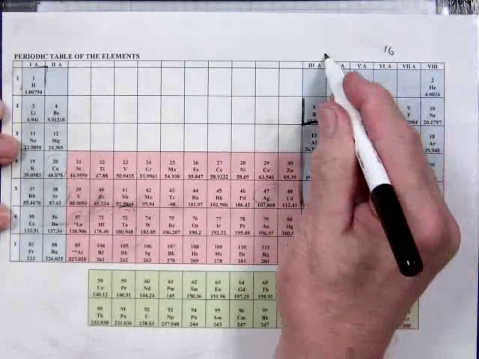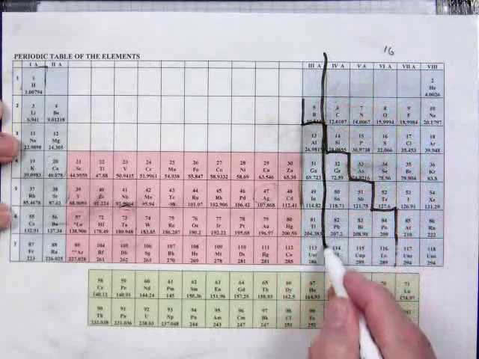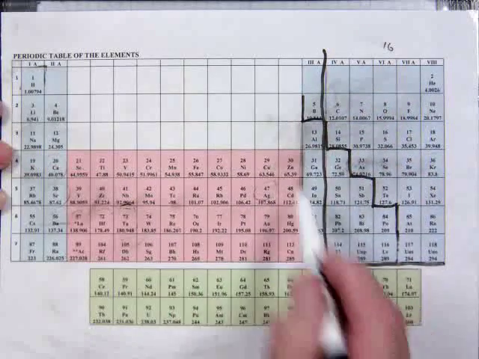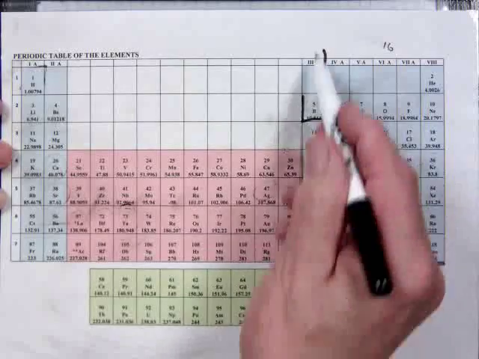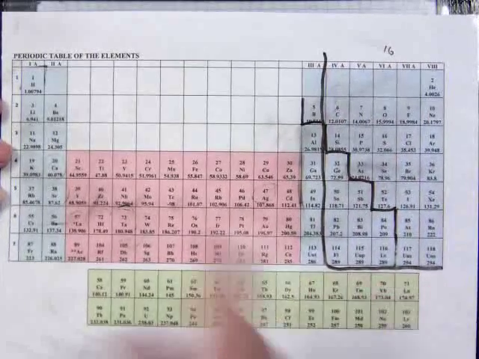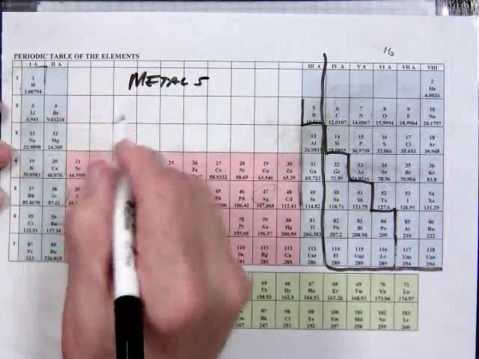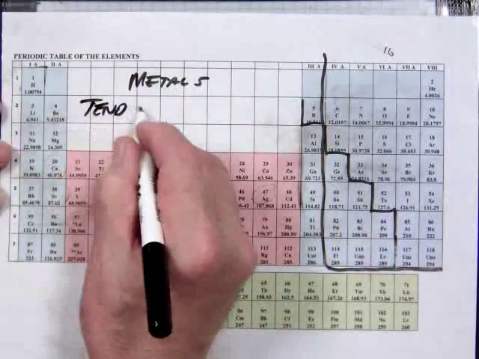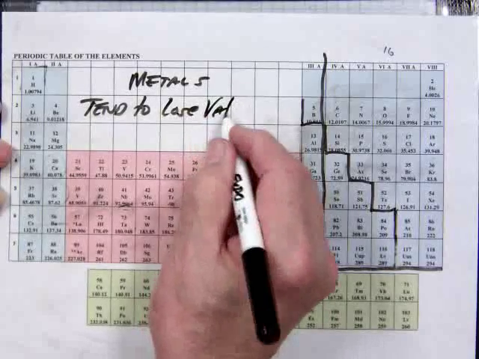I'm going to go to group 4. So everything to the left of this kind of straight, L-looking line right here are the metals to start with. And their primary tendency is to lose valence electrons.